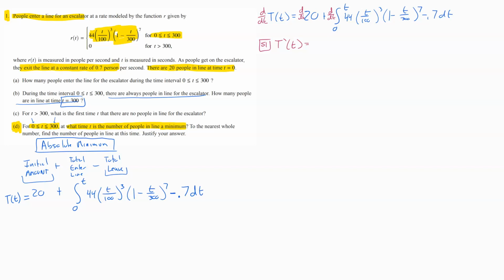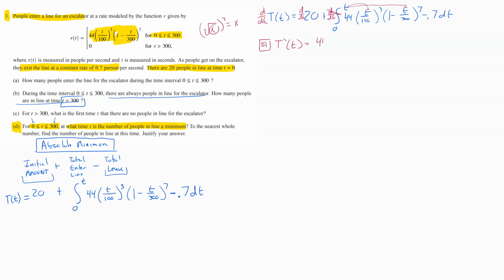When we look at this second piece here, this is the Fundamental Theorem of Calculus part 1. Derivatives and antiderivatives are inverses of each other. They cancel each other out. It's like squaring a square root, right? When you do that, they cancel out and whatever's inside there comes out. Same idea here. These pieces are going to cancel out, and this t is just going to drop into the formula everywhere I see it.